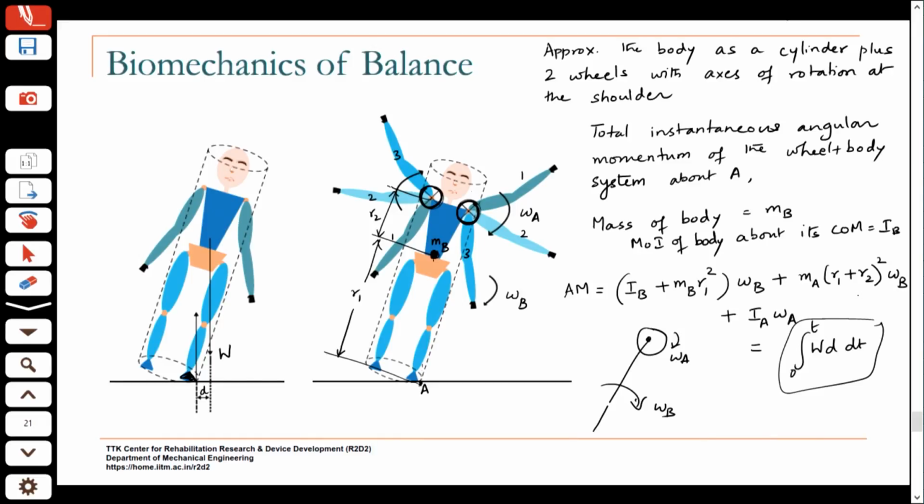But if you see, even when you push someone, instinctively your arms go up, instinctively you start rotating your arms in that direction, and that is kind of the way we try to regain balance. There are other strategies, because your body has multiple segments.